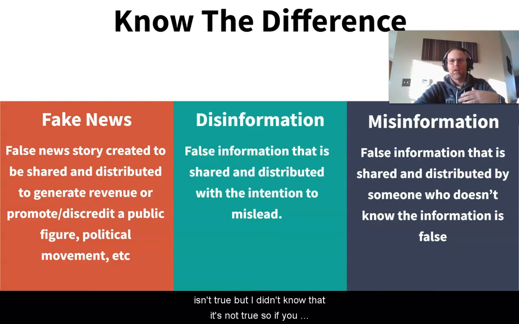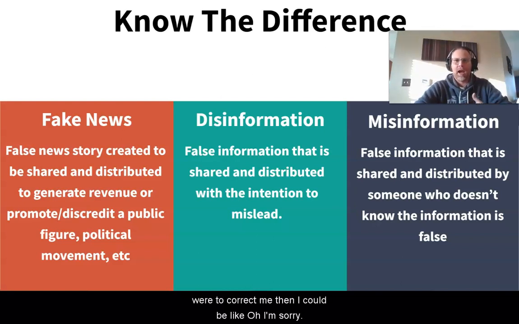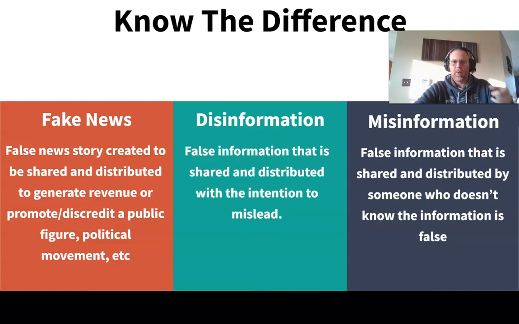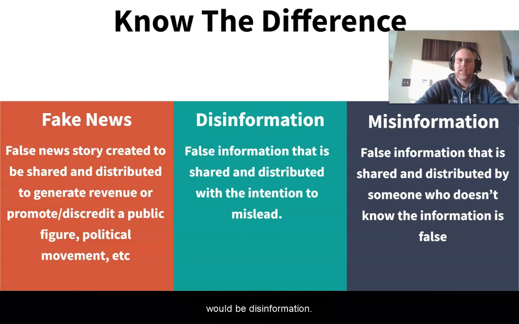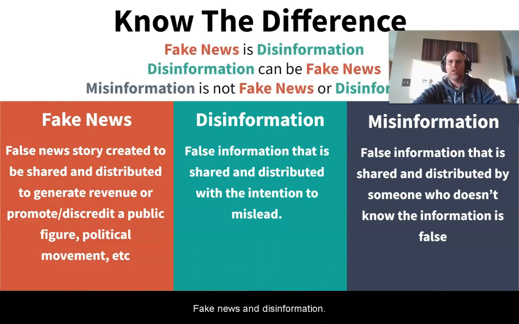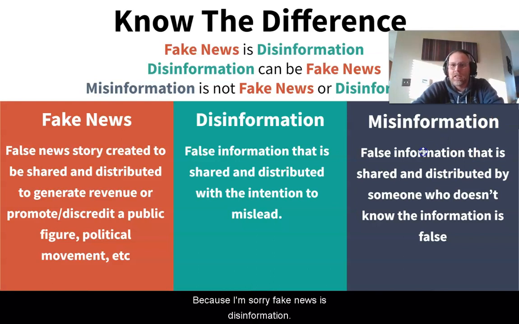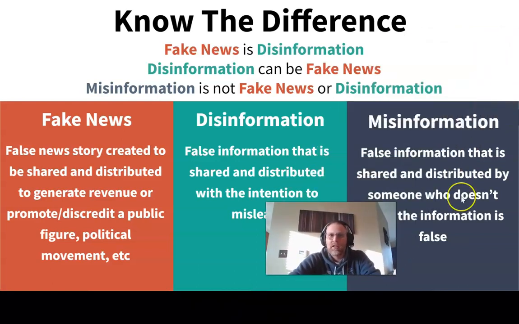So I might be telling you something that isn't true, but I didn't know that it's not true. So if you were to correct me, then I could be like, oh, I'm sorry. But if I knew that what I was telling you wasn't true, that would be disinformation. Okay? Fake news is disinformation.